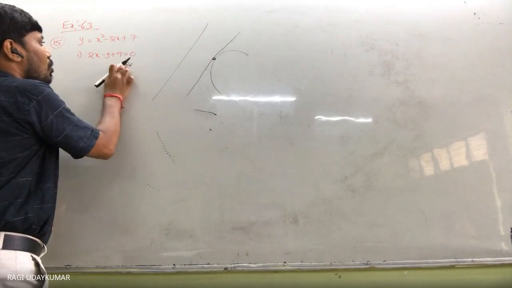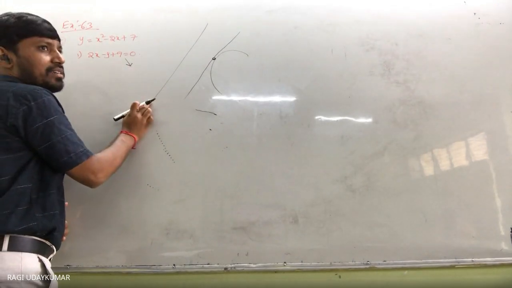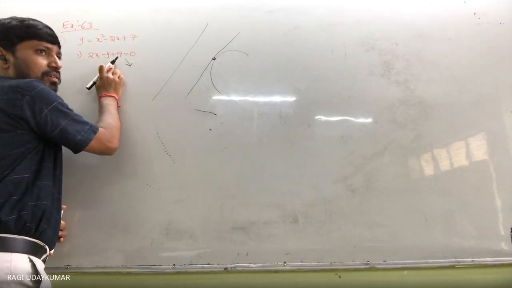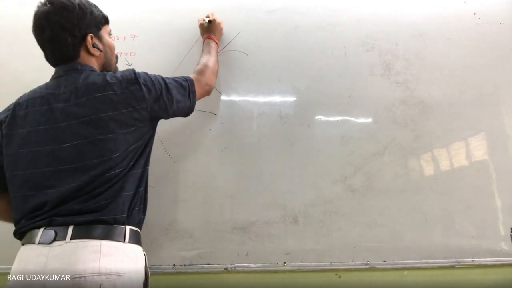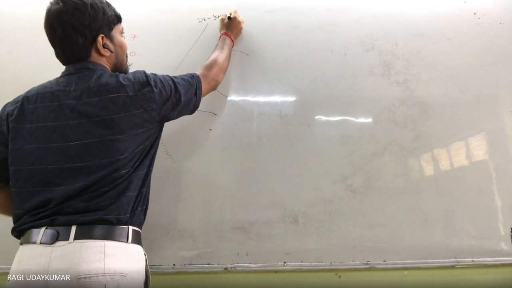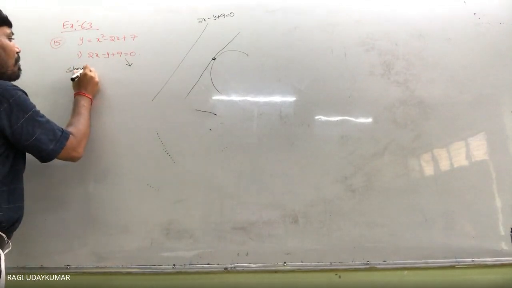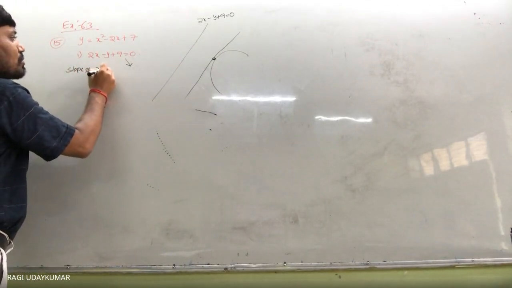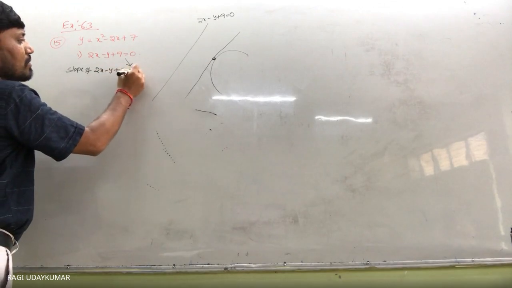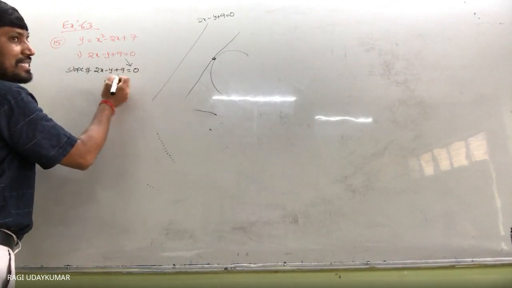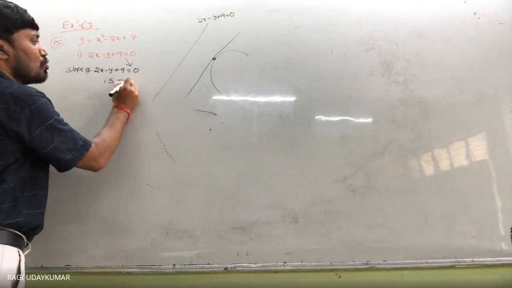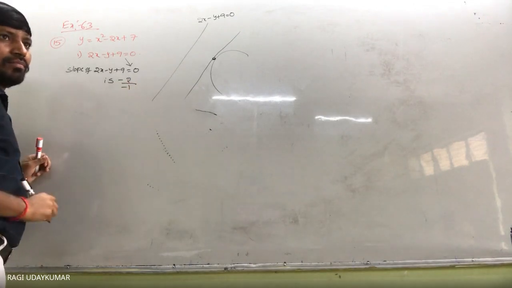See here the slope of this line. This is the line 2x minus y plus 9 is equal to 0. Therefore the slope of 2x minus y plus 9 equal to 0 is minus a by b, which is minus 2 by minus 1.